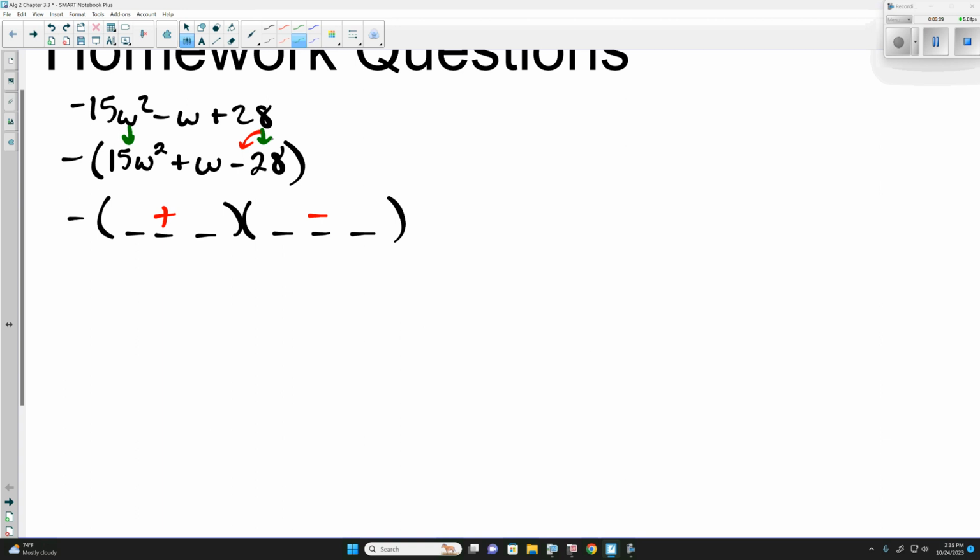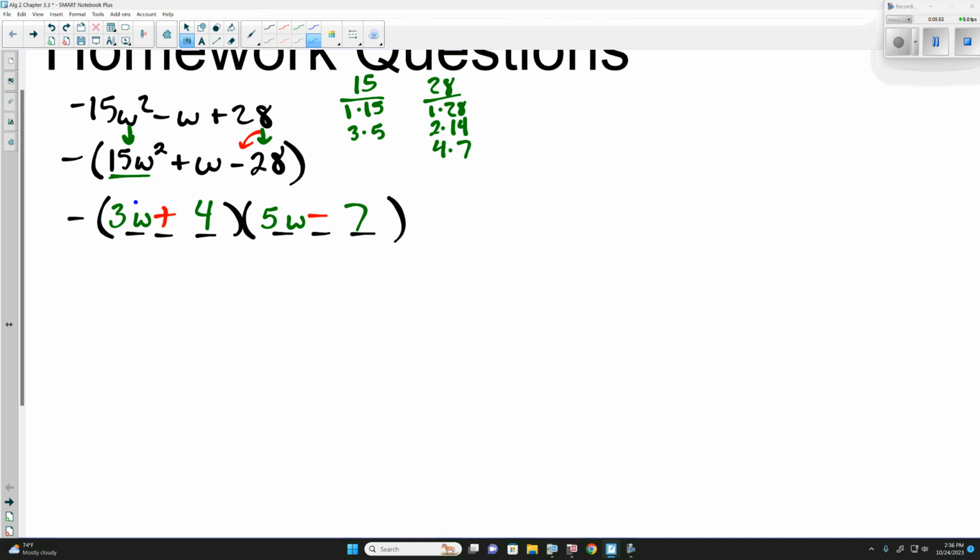Now we need to find the factors of the first and third term. Well, 15w squared, we'd have w and w. 28, 1 and 28, 2 and 14, 3 doesn't work, but 4 and 7 does. So I'm going to put 3 and 5, and 4 and 7 here.